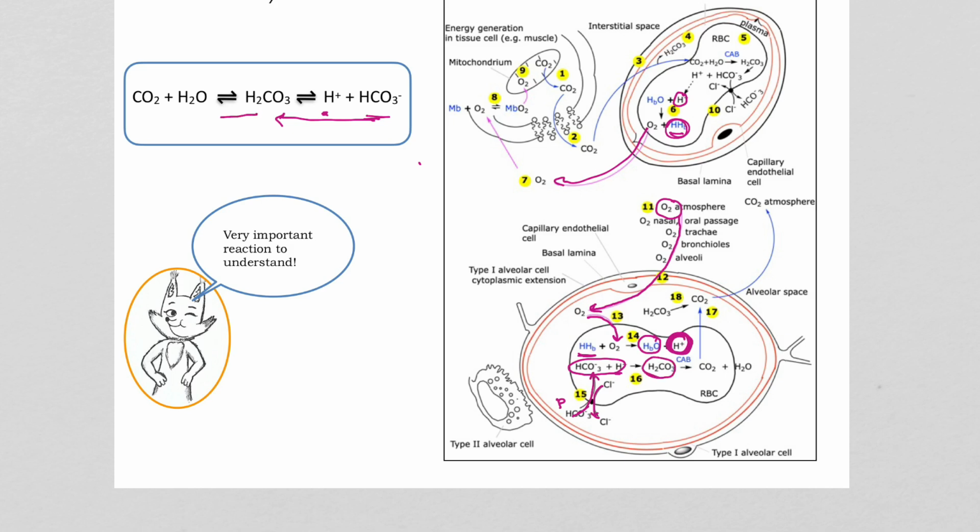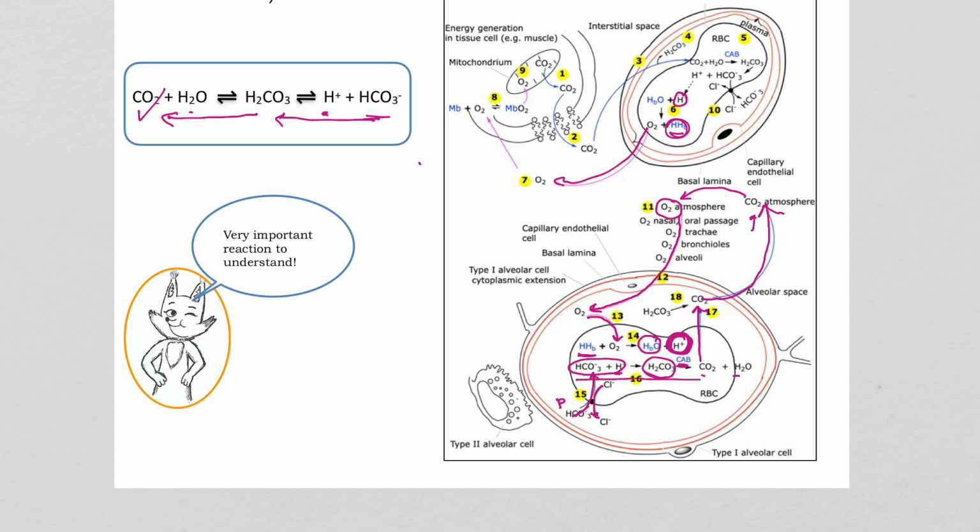And this carbonic acid will then break down to give you water and carbon dioxide. Once again, this reaction is catalyzed by the enzyme carbonic anhydrase, which makes it go much faster. And this carbon dioxide is now released into the atmosphere. So in exchange for oxygen, we release carbon dioxide in the lungs.